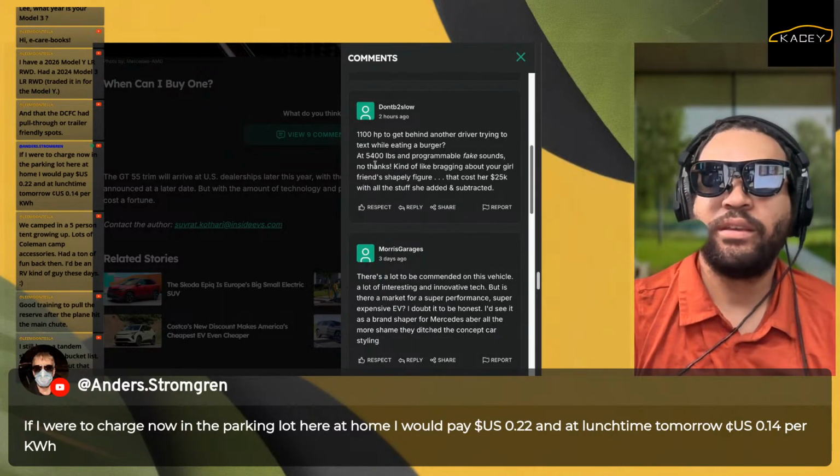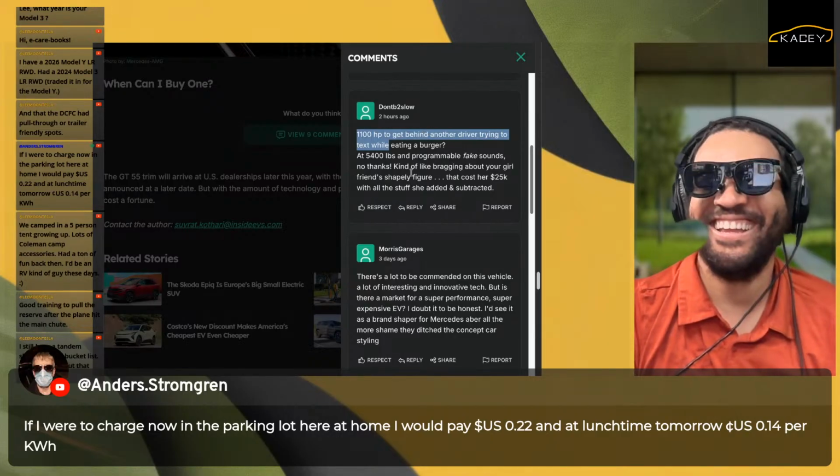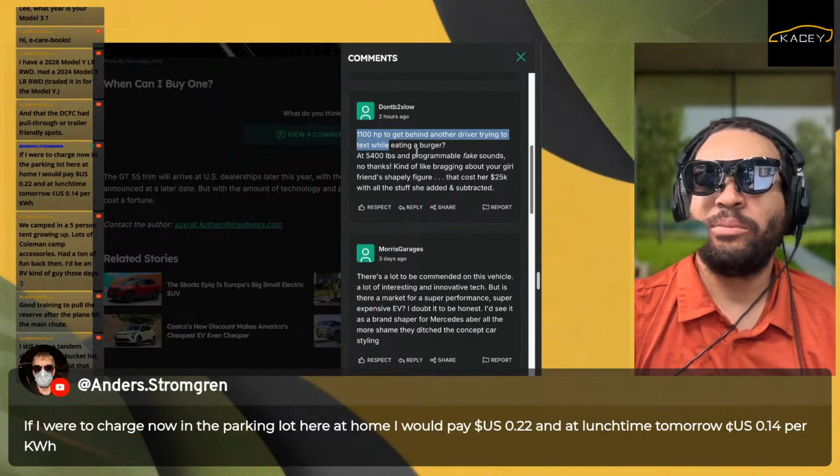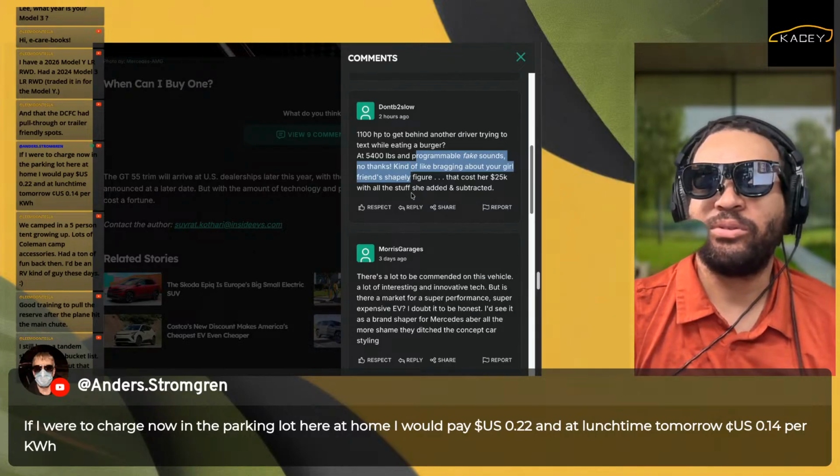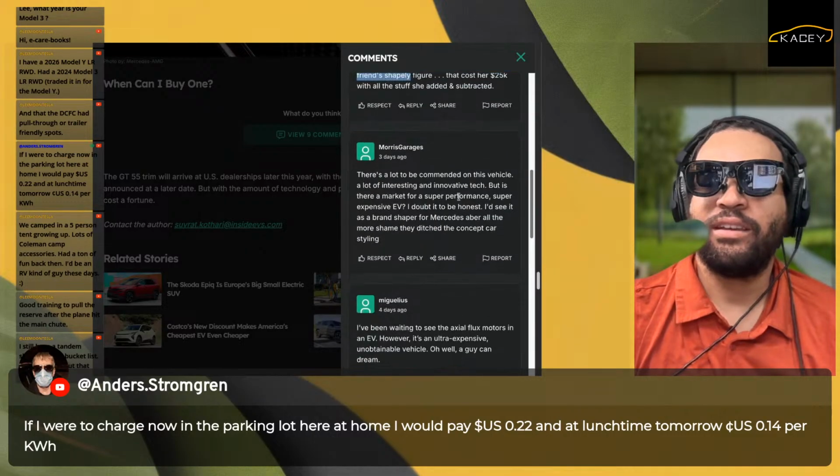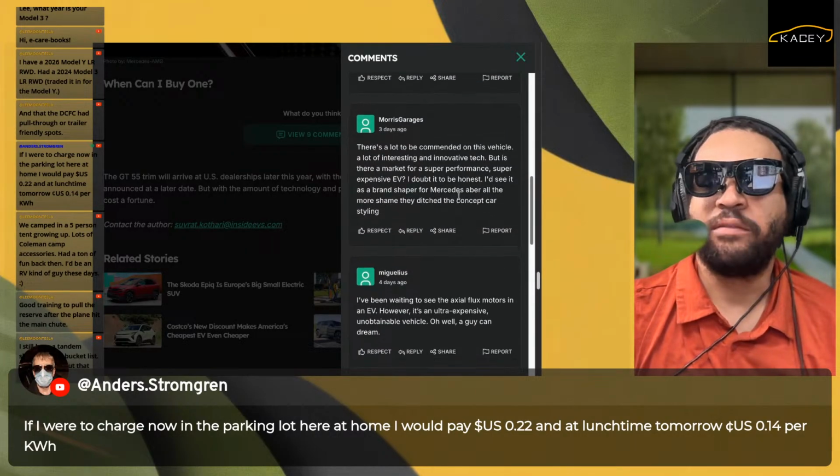Okay, sure. 1,100 horsepower to get behind another driver trying to text while eating a burger. At 5,400 pounds and programmable fake sounds, no thanks. Kind of like bragging about your girl's friend's shapely figure that cost her 25 grand with all the stuff she added and subtracted. I mean, okay.